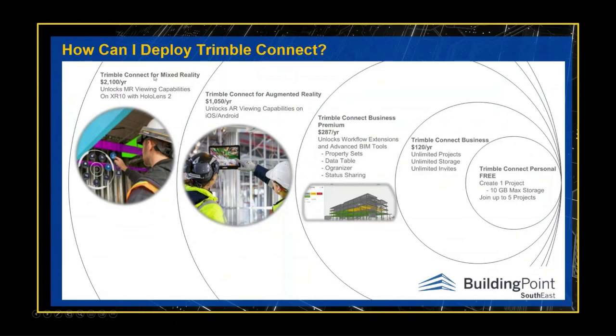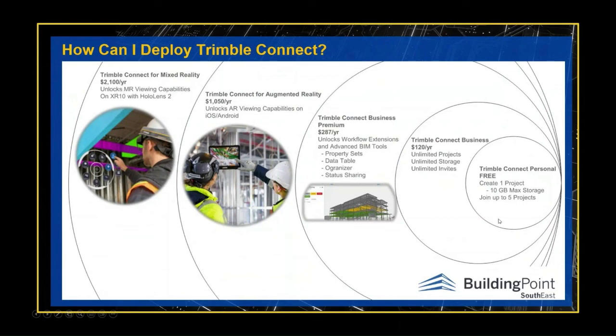And then Trimble Connect for mixed reality is the top tier, and everything bundles downward as well. So this unlocks MR viewing capabilities for the HoloLens 2 or the XR10 with HoloLens 2, and really allows that immersive augmented reality experience. So that's $2,100 a year.